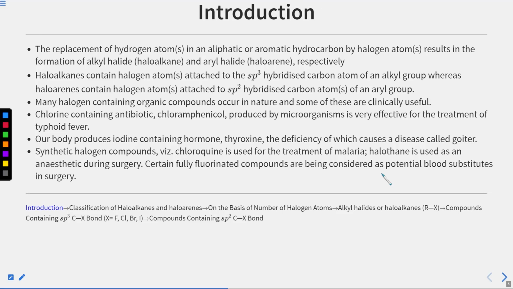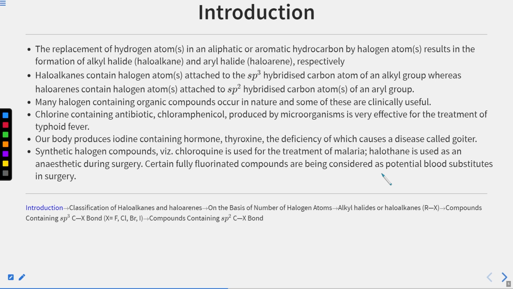So first of all, what is haloalkane and haloarene? For that, you should know what are halogens. You must have studied the s and p block main group elements, and you have heard the term halogen there. They are basically the group 17 elements, which have 7 electrons in their outermost shell.